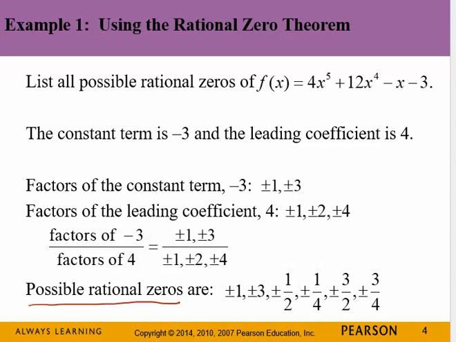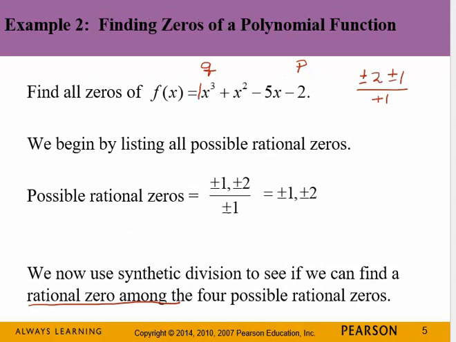All right, let's go on to another example. And here we see a new function. Our Q value is 1. Our P value is -2. So what are the possible rational zeros? Well, it's going to be factors of -2, which are plus or minus 2, plus or minus 1.